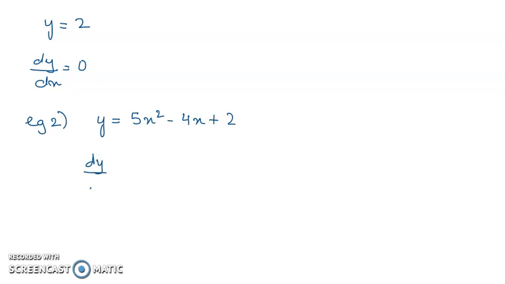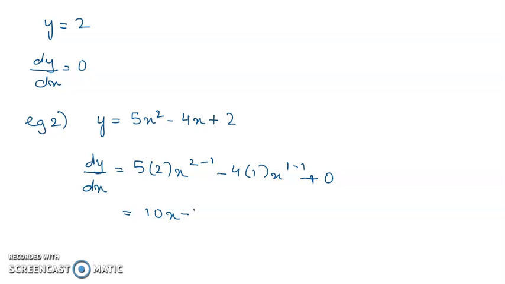When we differentiate it, we will drop the power, 1 less in the power, and the derivative of 2 will be 0. So that makes 10x minus 4.